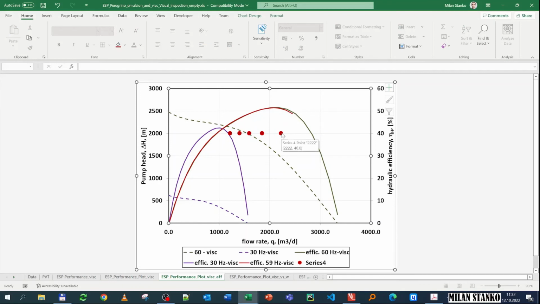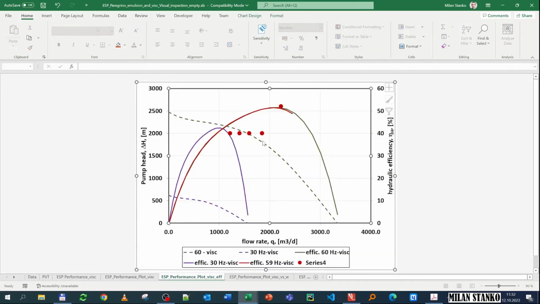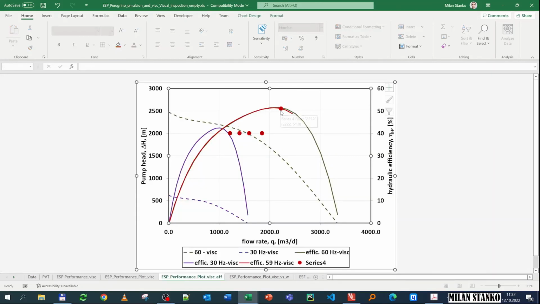Okay, but the point is down here because we have assumed a hydraulic efficiency of 40. But now it seems it's not 40, something higher. It should be someplace here, so maybe like 51 or 52. So let's change that to 52. Okay, so see how it looks. So now the point is very close. So let's try now with 51. Okay, you see now I'm very close.